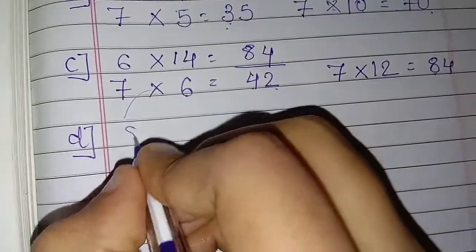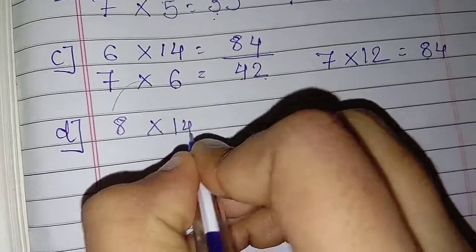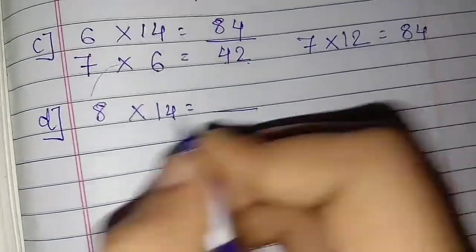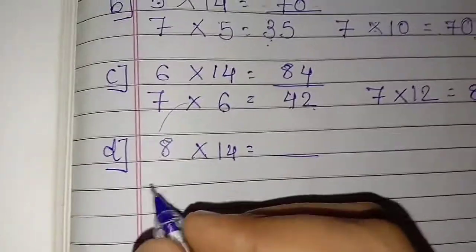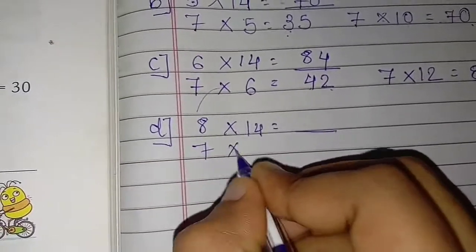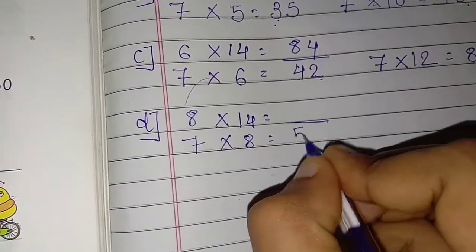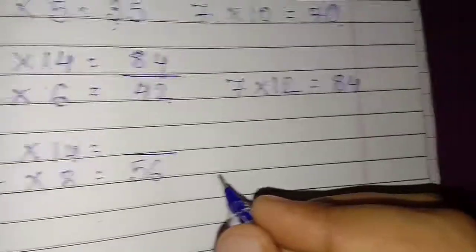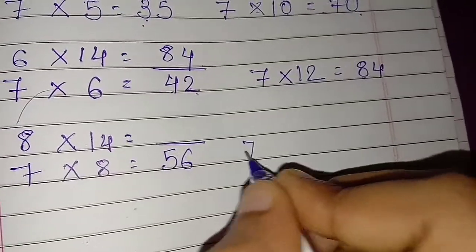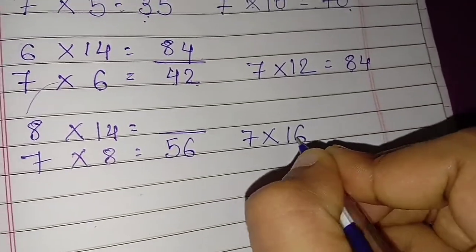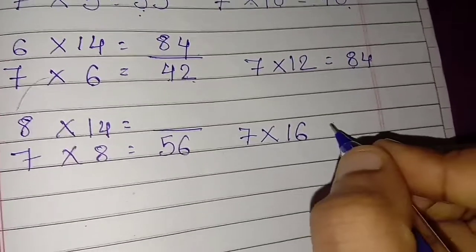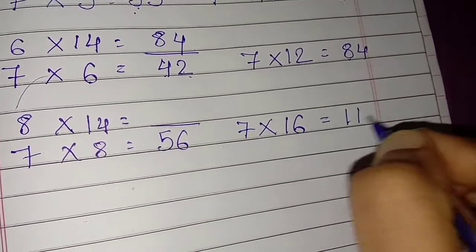Now one more I will show you, and the last one is your homework. Again we will take 7 multiplied by 8. 7 8s are 56. Now again we take 7, and what is the double of 8? It is 16. So 16 7s are 112.